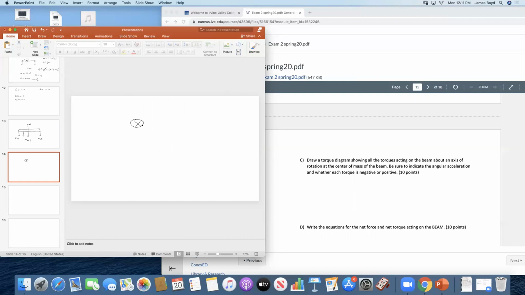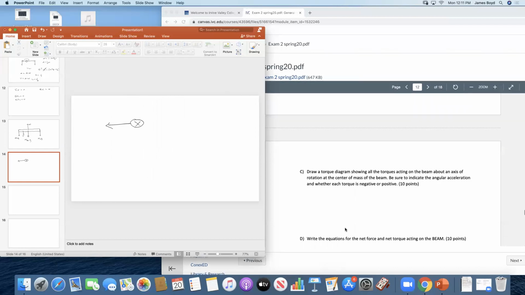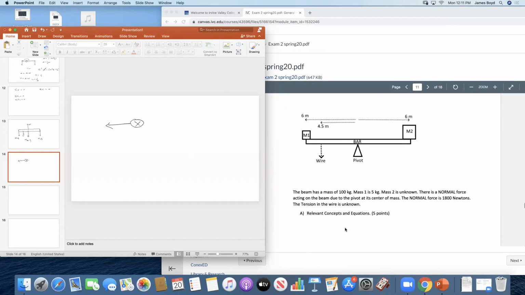The axis point is here. I'm going to rotate back up for a minute. At R, which is the 4.5, we have the tension of the rope. And at 6 meters, which R is 6 meters, we have M1g. And then on this side, R is 6 meters, and we have M2g.